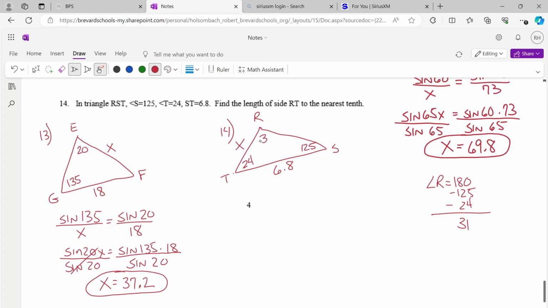So our 31 goes here at angle R. So now our proportion is sine 125 over x equals sine 31 over 6.8.